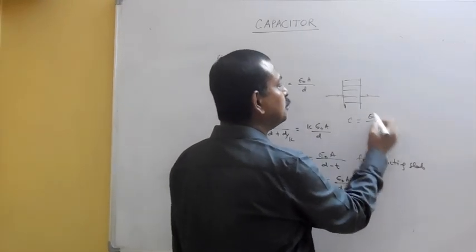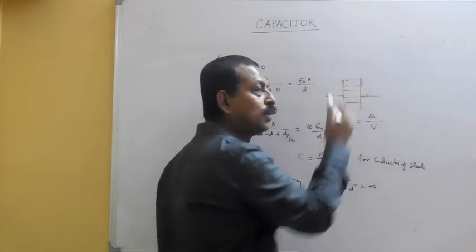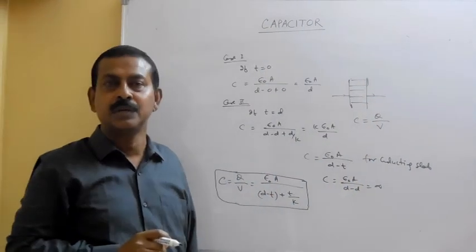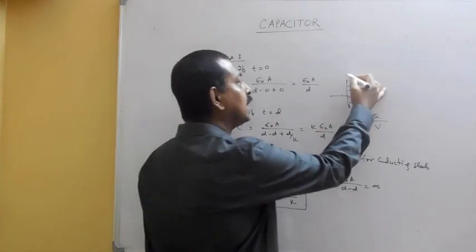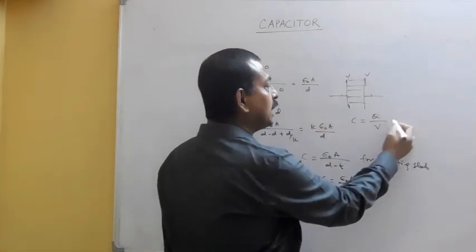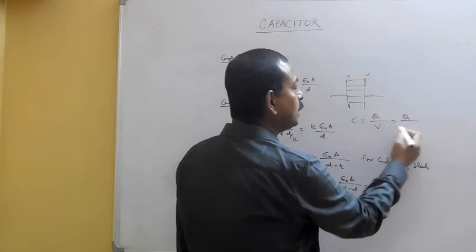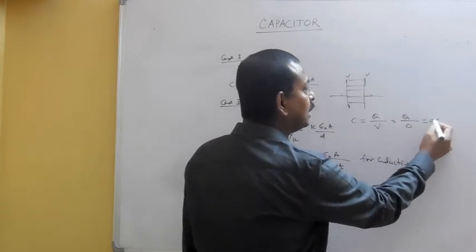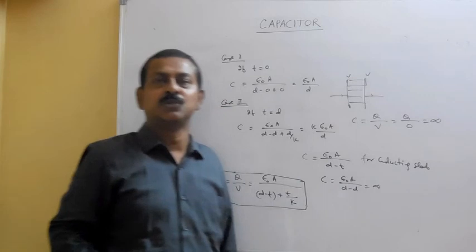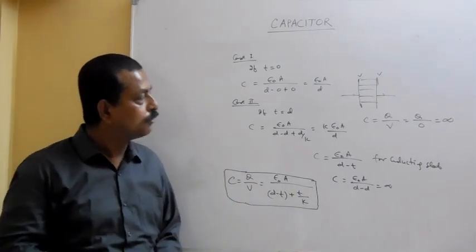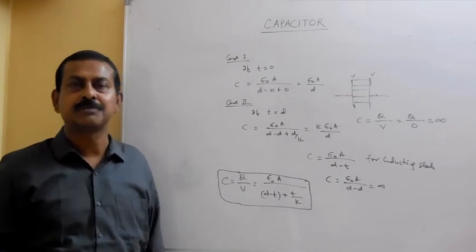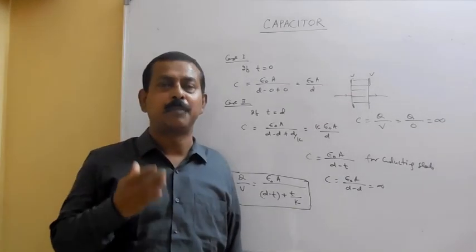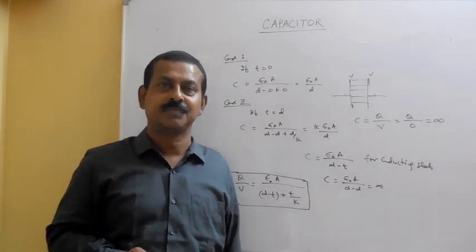It is Q by V. As the two plates will be at the same potential, the potential difference will be 0. So in that case, this is Q by 0 and this is infinity. So this is all for the capacitors and different cases of a parallel plate capacitor. Thank you.